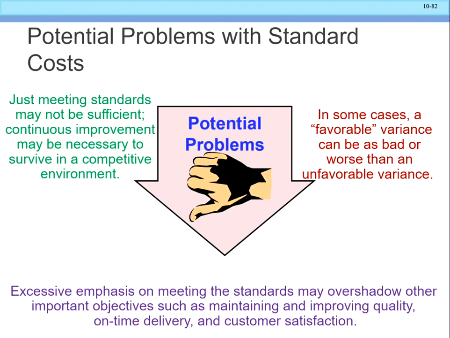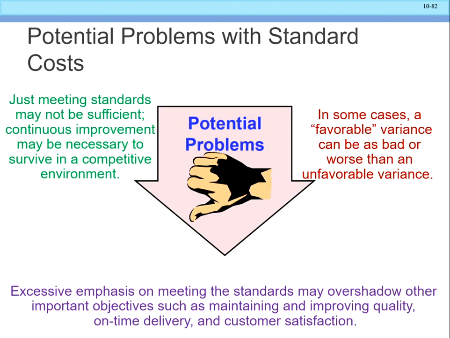Okay, then the problems also continue. Meeting standard may not be sufficient, because meeting standard is cost based. It does not bring in the issue of quality. So sometimes we also need to do other things better than other businesses rather than just saving cost.